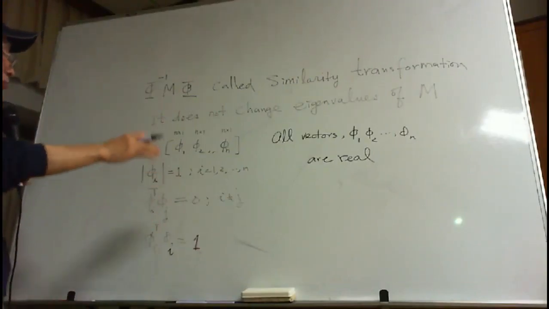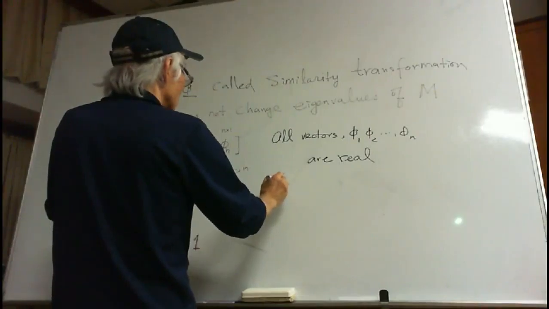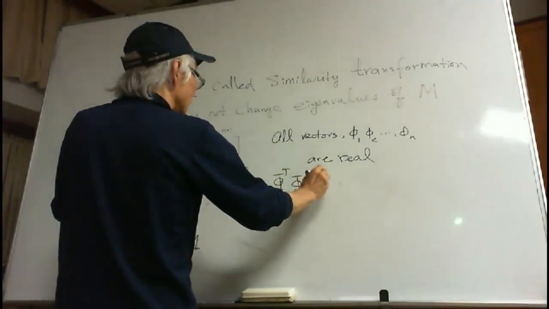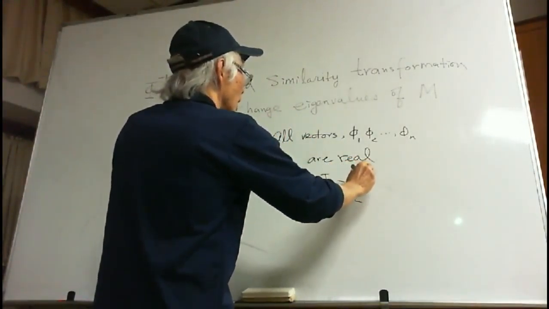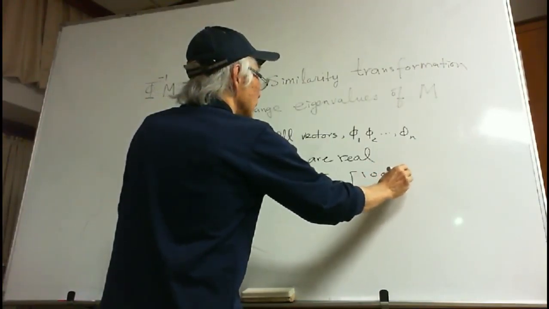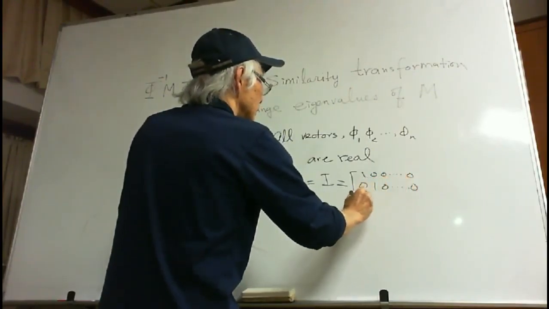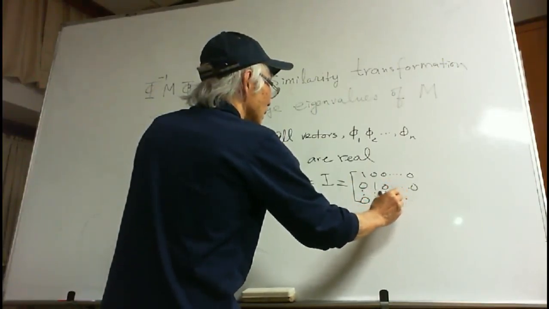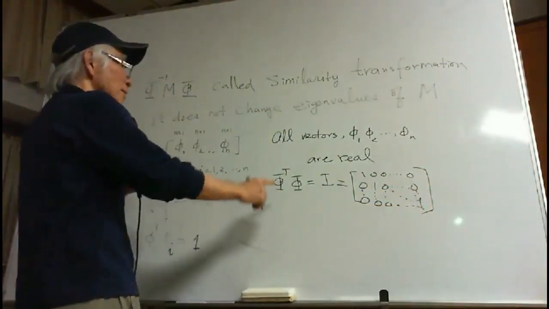The symmetric matrix has this kind of property, that means phi transpose phi equal to an identity matrix. That means 1, 0, 0, 0, 1, 0, and so on, the identity matrix.